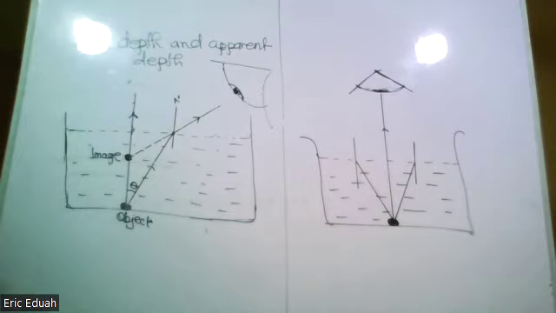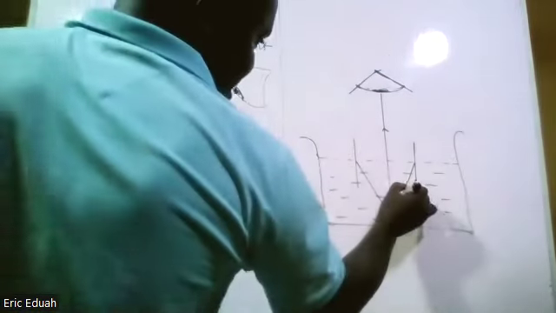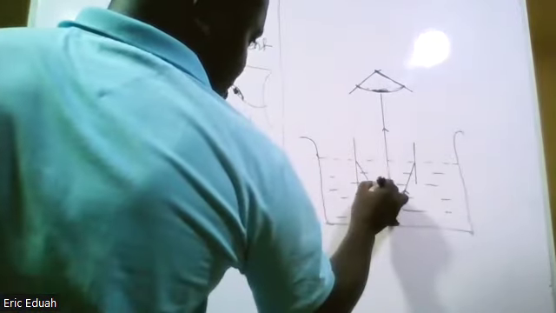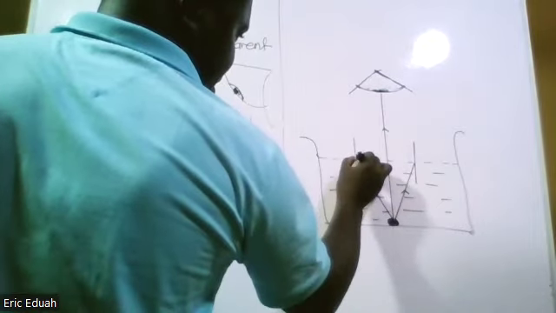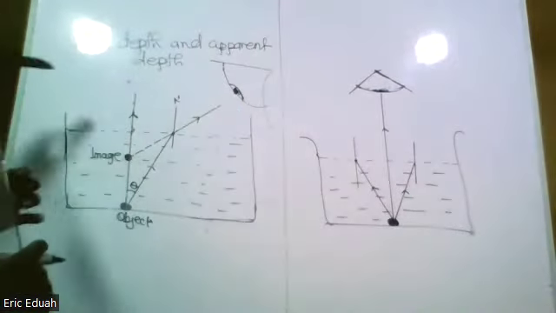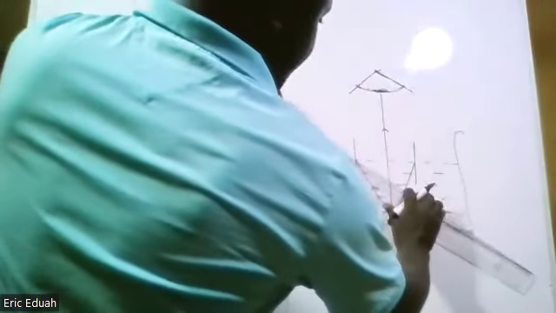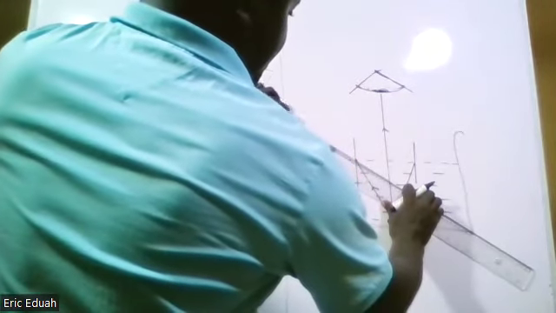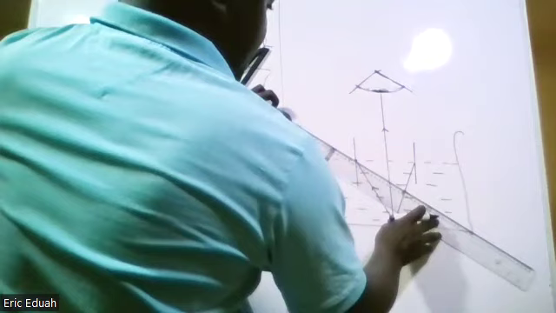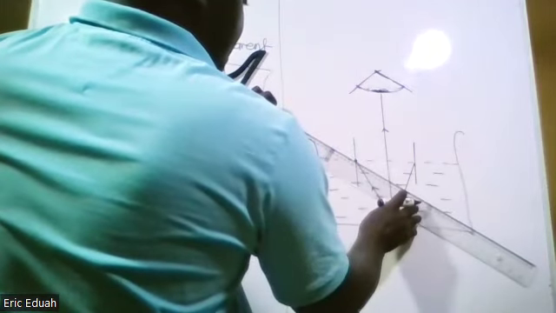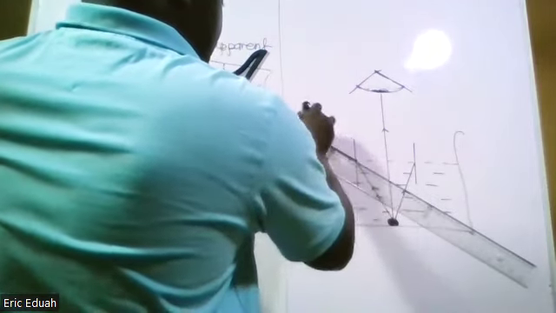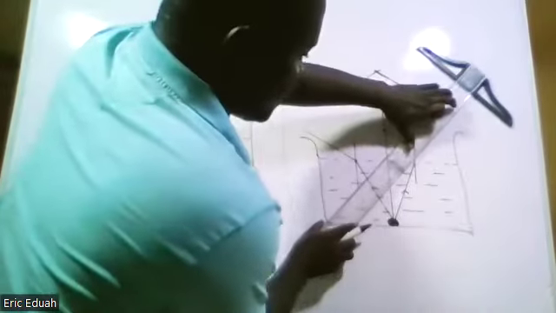Okay, so when these two lights get to the boundary, they will deviate away from the normal. This one would also deviate away from the normal.